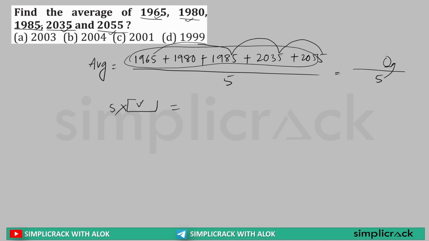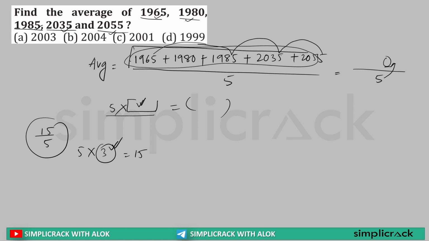For example, 15 divided by 5: if I multiply 5 with 3, I will get 15. So the result, the quotient that you are looking for, if you multiply that answer with 5, you will get the sum of all this. Yes or no? Yes.